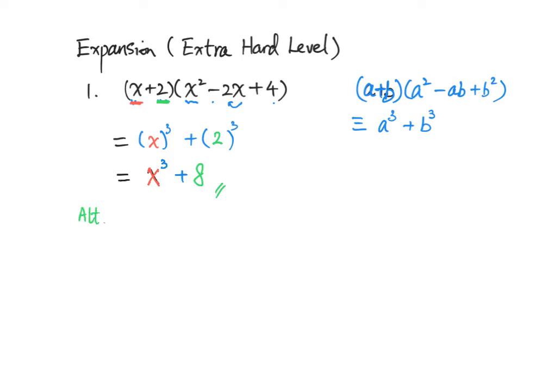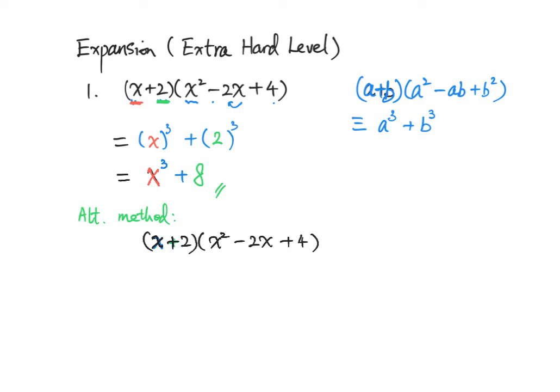We can expand it by the rainbow method. So copy down the question, (x + 2)(x² − 2x + 4). There are 2 terms in the first bracket and 3 terms in the second bracket.